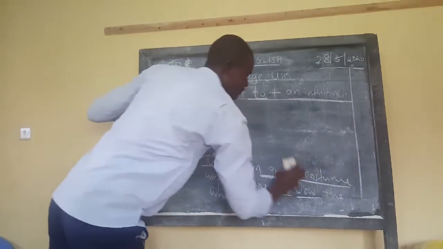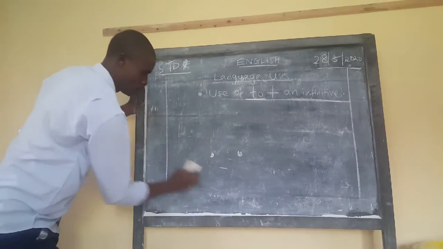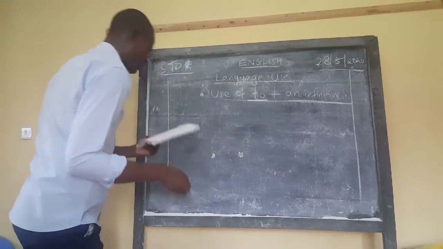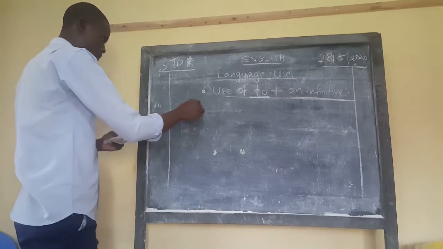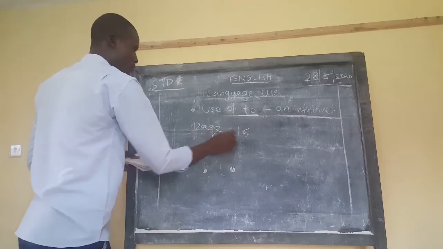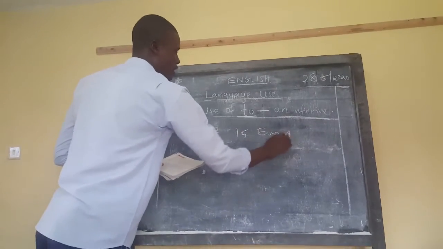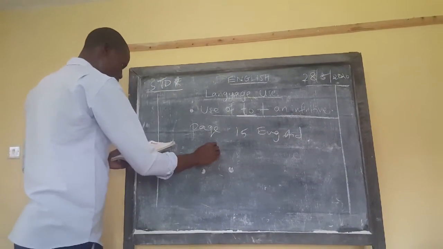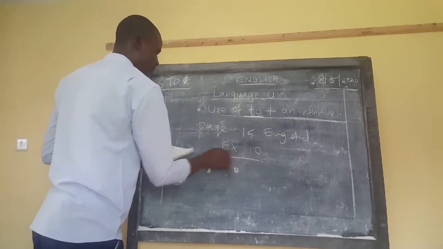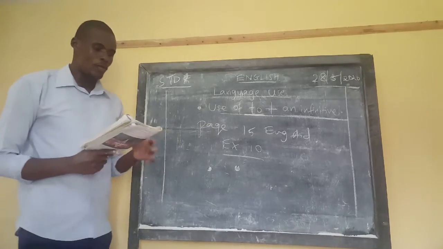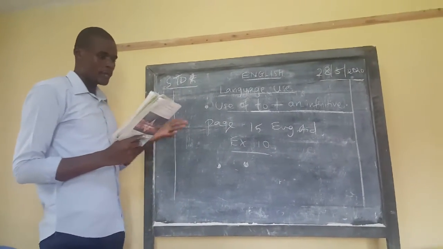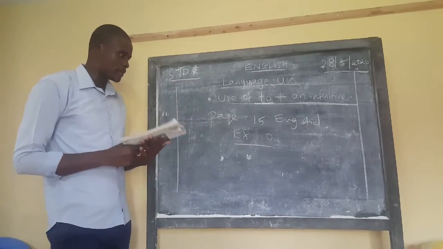More examples, learner, before you see what you can do. More examples in our page 15 of the English 8. We have there exercise 10. For this exercise 10, I'm only going to look at 5 of them. Then I'll leave you the rest there to try.